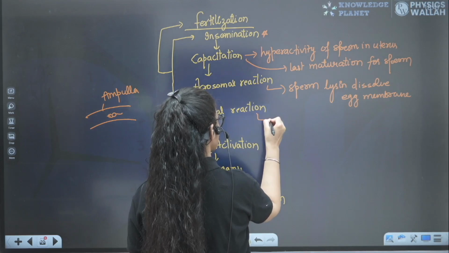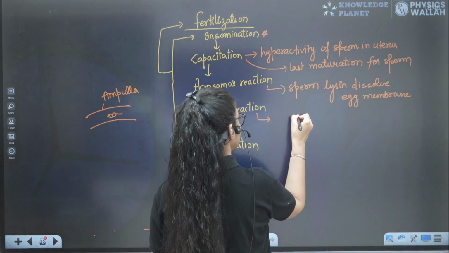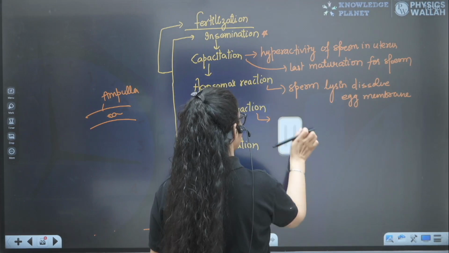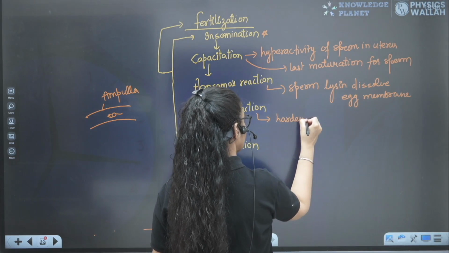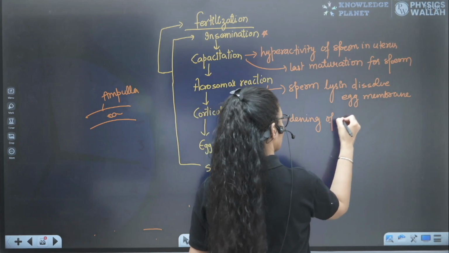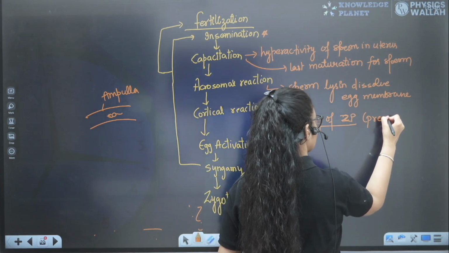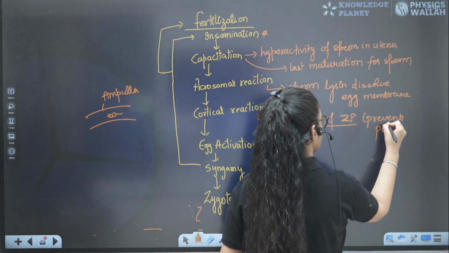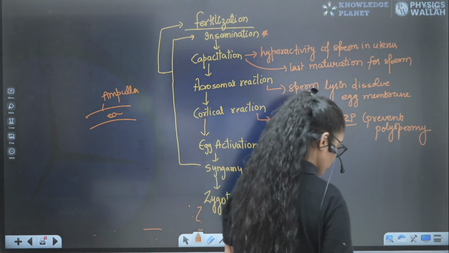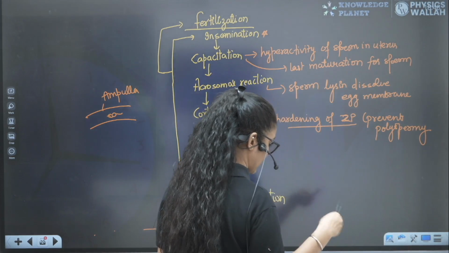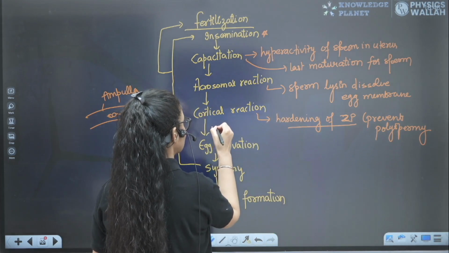Cortical reaction means cortical granules inside the egg that I have told you will actually form the hard layer around the egg, right? So cortical reaction means the hardening of zona pellucida will happen to prevent polyspermy. So this is the acrosomal reaction, and after this, blockage of polyspermy happens because of the cortical reaction and obviously zona reaction.